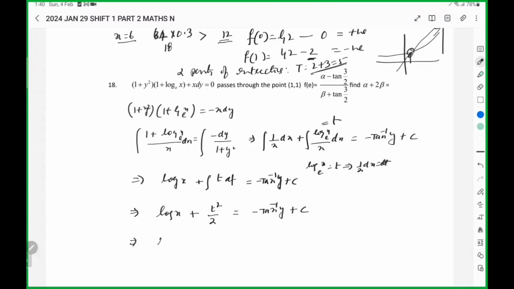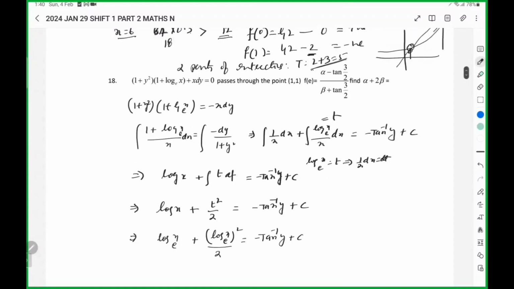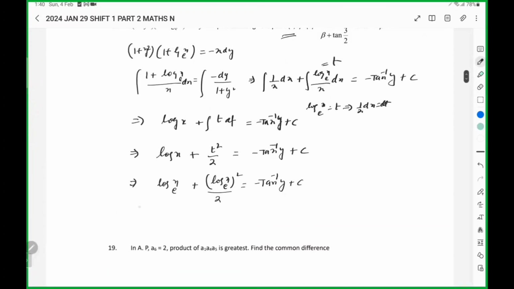So this is log x to the base e, log x to the base e whole square by 2 is minus tan inverse y plus c. He told it passes through 1 comma 1. That means in place of x you substitute 1. Minus tan inverse y plus c will be tan inverse 1, which is pi by 4.